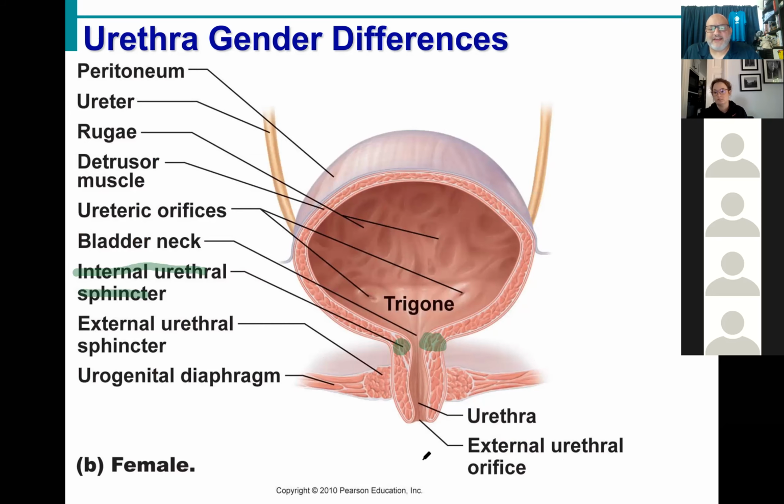The urethra has to channel through and out of the body. Along the way, it has to pass through the levator ani, our urogenital diaphragm, that muscular diaphragm that helps to support and retract the anus that we talked about in defecation.